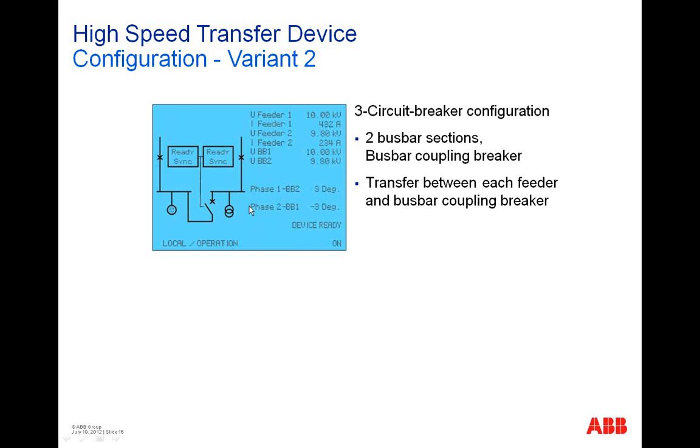Now, sometimes you can say, oh, this may be a problem. The transfer is okay, but this feeder does not have the capacity to feed both bus bar sections. Maybe it's not strong enough. So in this moment, HSTD devices also provide load shedding signalization.